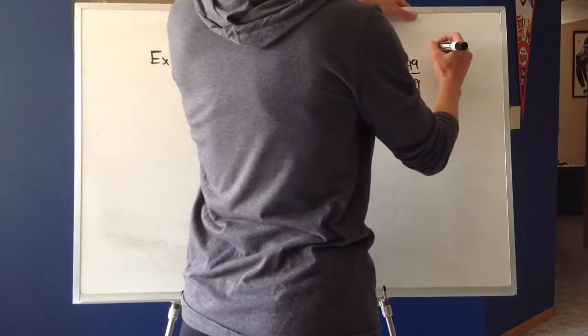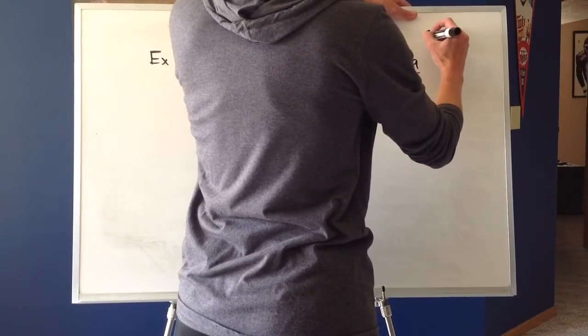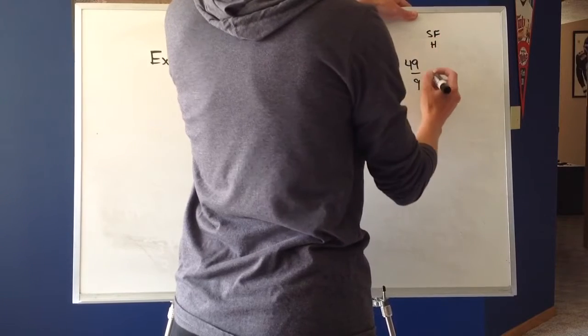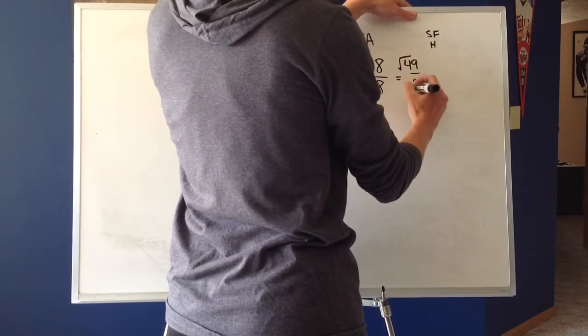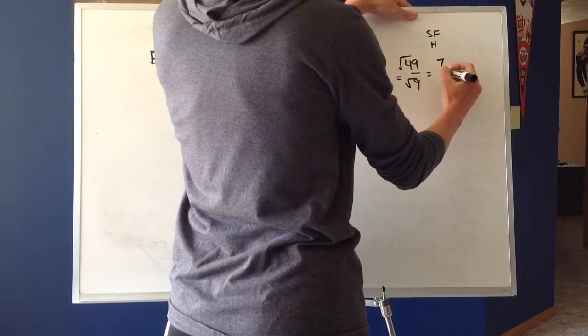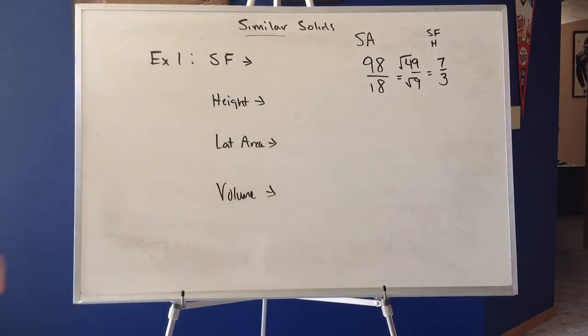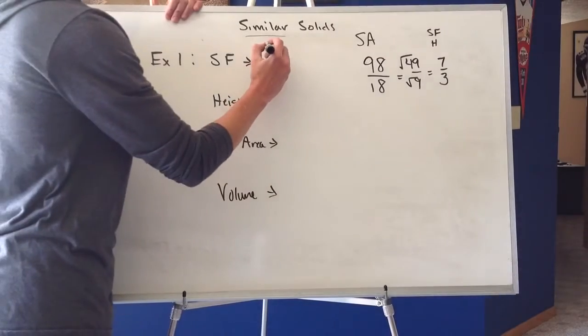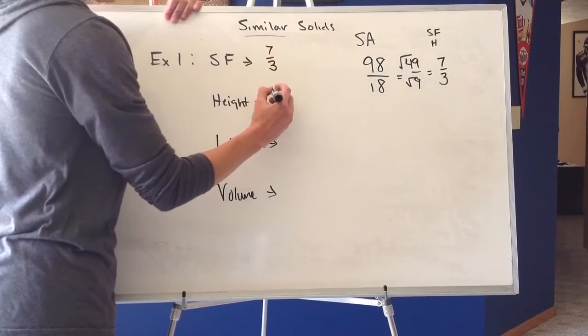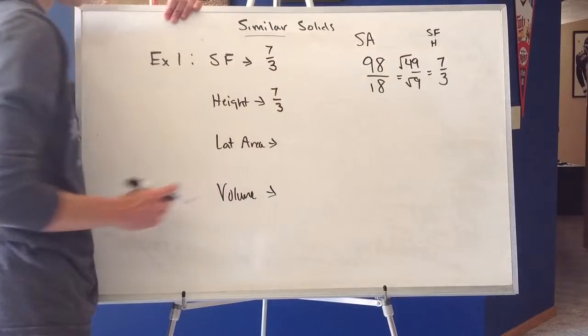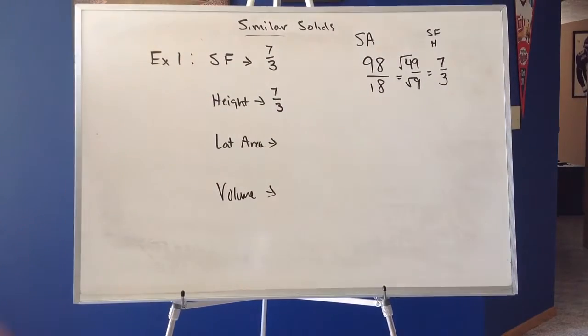So to get to my height and my scale factor, I have to square root these. If I square root them, I get 7/3. If I want to go from 2 dimensions back to 1 dimension, I have to square root because that's the opposite of squaring. So that means that this one's one-dimensional and this one's one-dimensional, so those will both have 7/3.